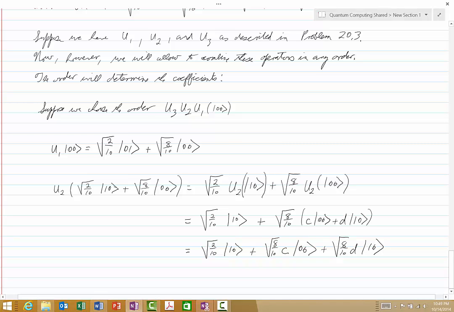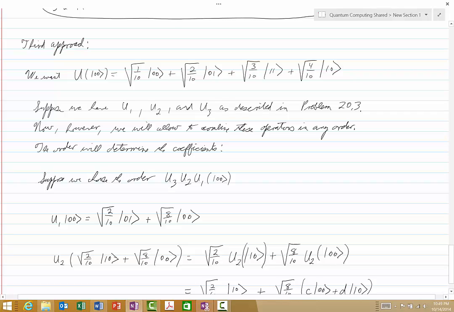Now our reasoning is just as it was before. This 1, 0 component here is going to pass right through U3. In other words, U3 acts trivially on 1, 0. It won't affect it at all. And so what we'll get out is square root of 8/10 D times 1, 0.